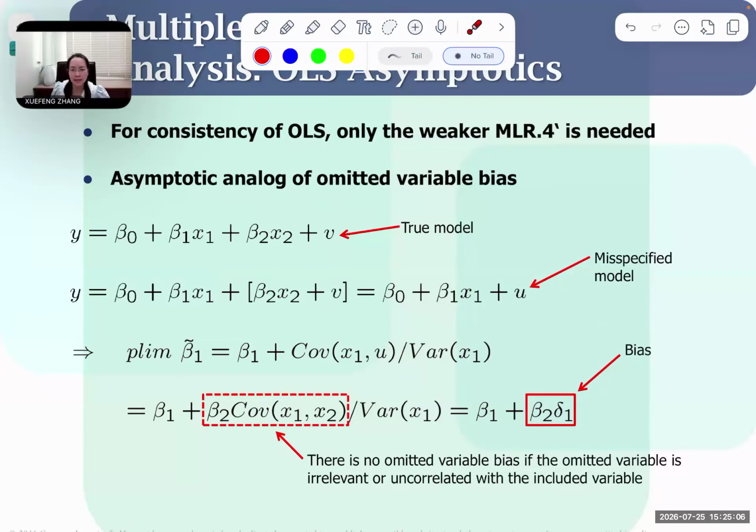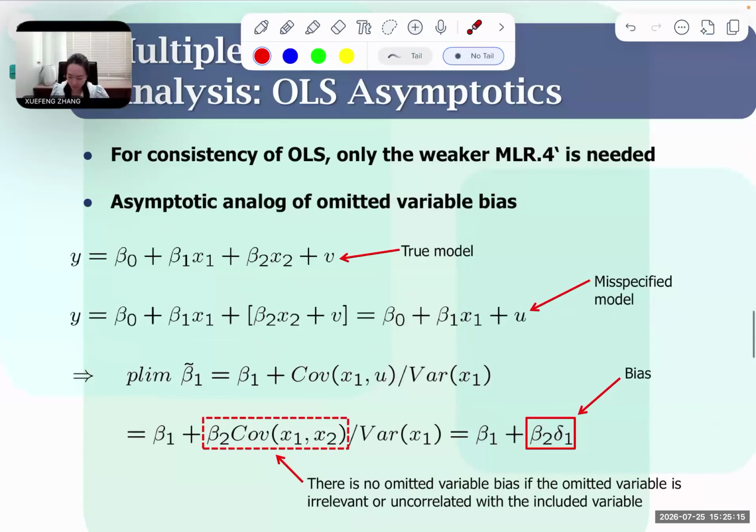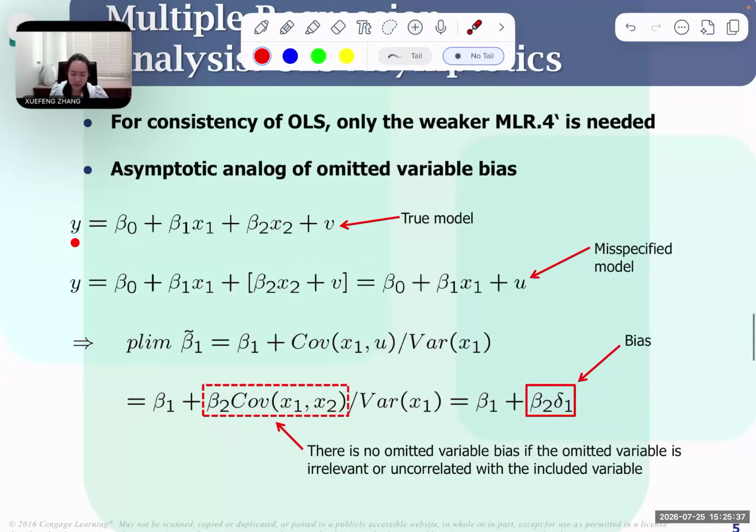Let's connect this to something we already know, omitted variable bias, but now in asymptotic terms. For consistency of OLS, only the weaker MLR 4 prime is needed. Next, we're talking about omitted variable bias in asymptotic terms.